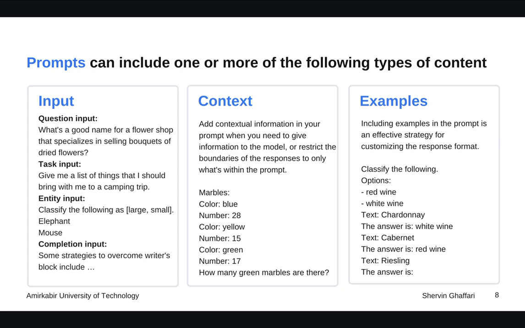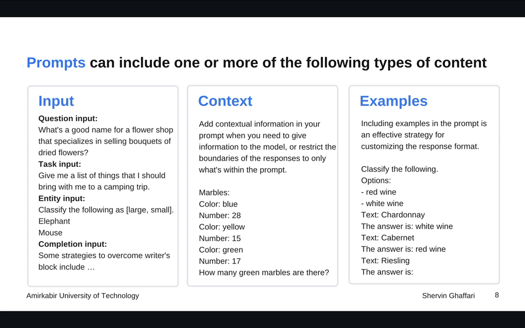Question input is a question you have and you expect the model to answer it. Task is the problem that the model should deal with. There is also entity input, which you give to the model to guide it through the reasoning process, and completion input for completing the sequence.